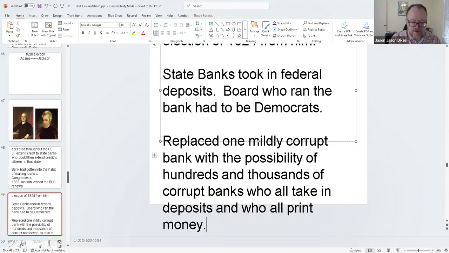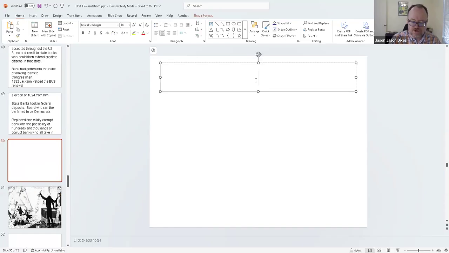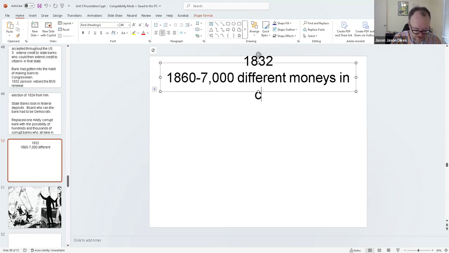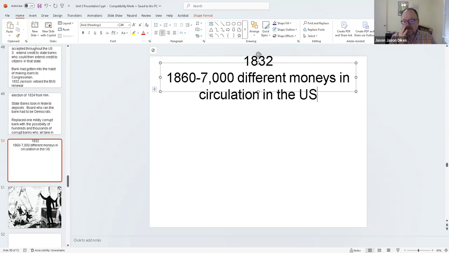By the time of the Lincoln administration, so Jackson did this in 1832 when he destroyed the National Bank. By 1860, there are 7,000 different monies in circulation in the US.